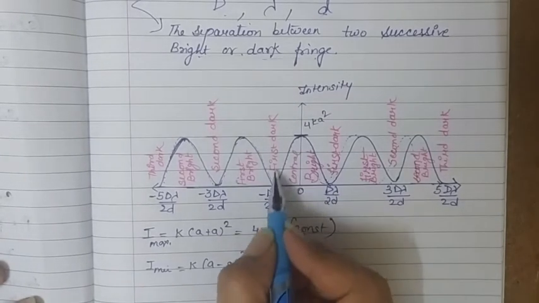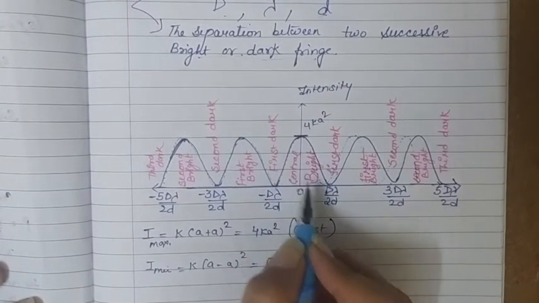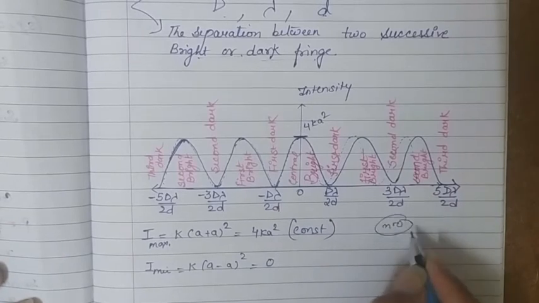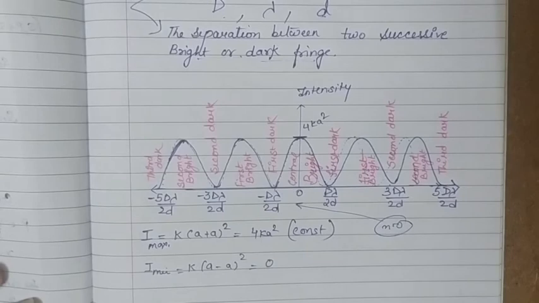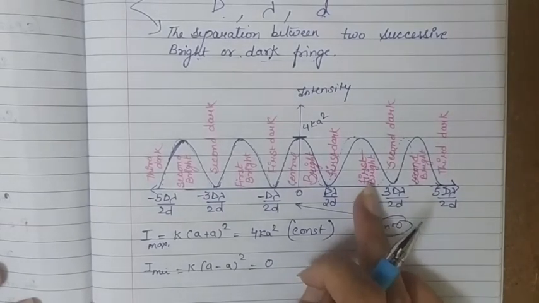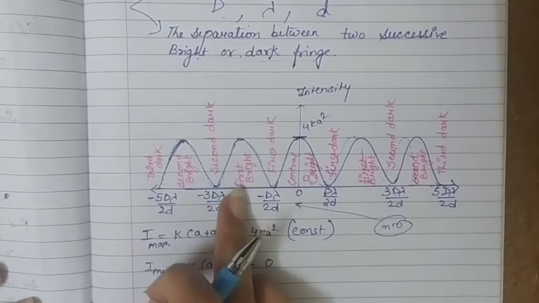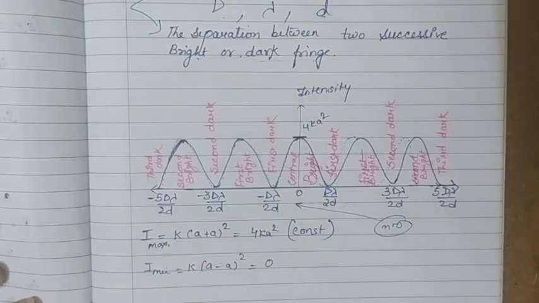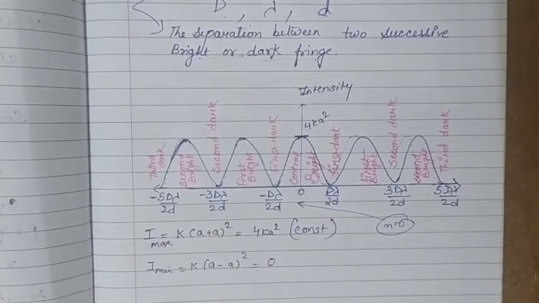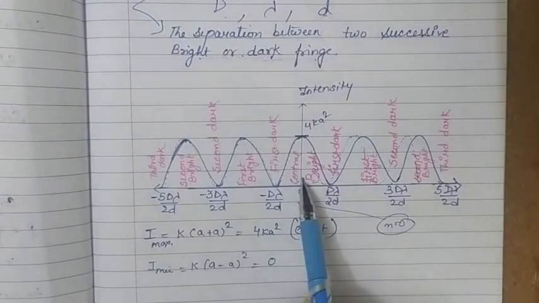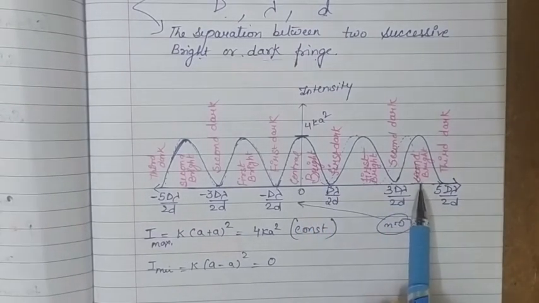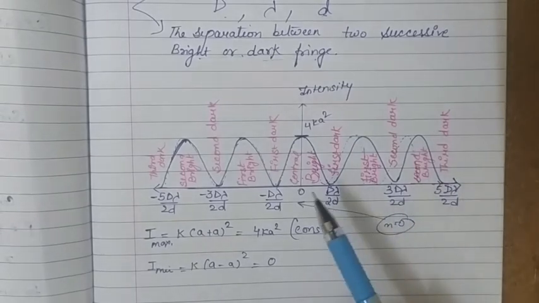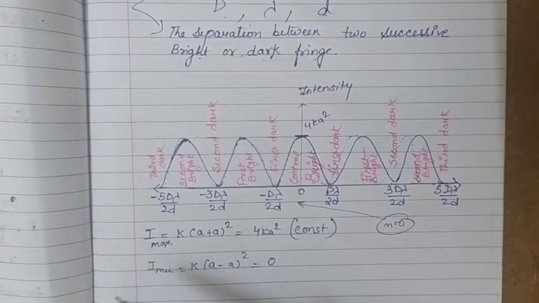The central fringe is called the central bright fringe, which we get at n equal to 0. Further values of n will give us first bright, second bright, and alternately we get dark fringes. So we get central bright, then first dark, then first bright, then second dark, then second bright, then third dark, and so on, and symmetrically on the other side of the axis.